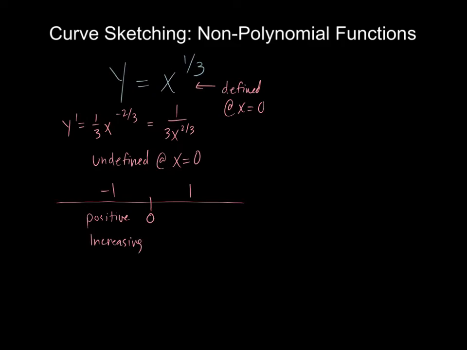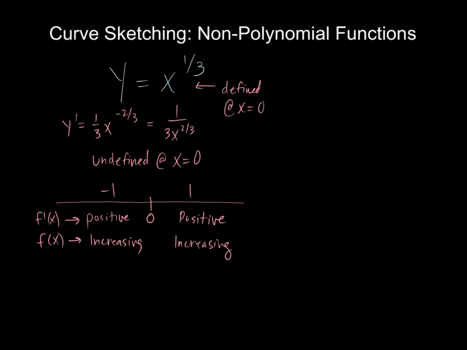When I plug in 1, the same thing's going to happen. It's going to be positive. This is f prime of x. And I know that I called it y prime in the question, but I like f prime better at this point, so I've changed. So this tells me that f of x is increasing, and it's also increasing after the point 0.